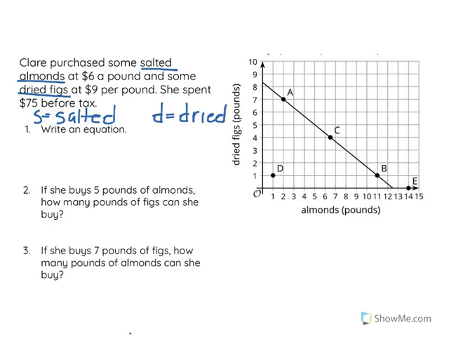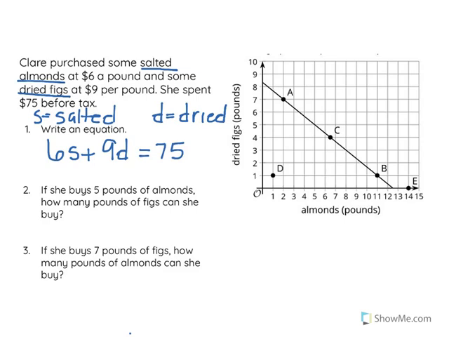I don't know how many pounds of salted almonds or dried figs I got, but I do know that almonds are $6 per every pound. So however many pounds of salted almonds I got, I'm going to take 6 times however many pounds plus 9 times however many pounds of dried figs I have. And I know that that's going to add up to 75 because that's the total Claire spent.